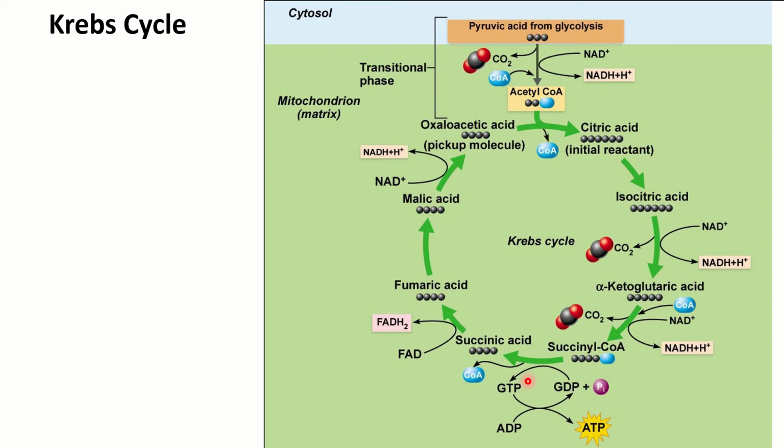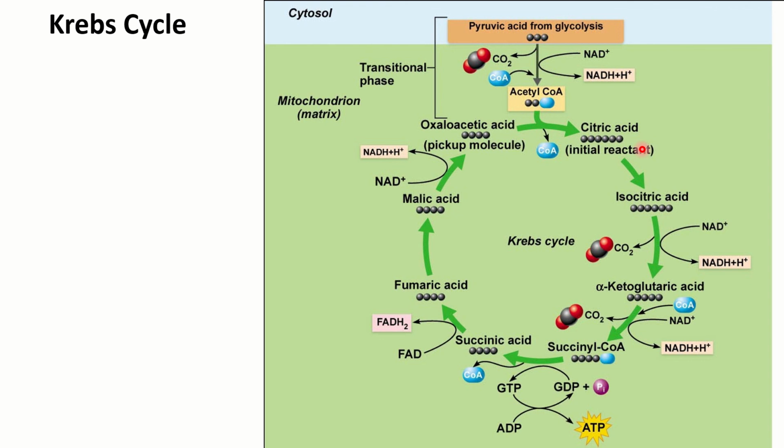Now we want to continue too, because as that acetyl-CoA is formed, it can begin to react with another molecule known as oxaloacetic acid. We call this the pickup molecule because as you can see here, it's a 4-carbon molecule that has the ability to actually bind to this 2-carbon acetyl-CoA, forming citric acid, a 6-carbon molecule.